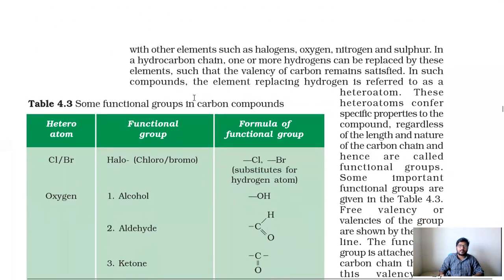Carbon will combine with other elements such as halogens. Halogens means chlorine, bromine, iodine, etc. Oxygen O, nitrogen N, sulfur S. So you see, carbon can combine with chlorine, bromine, iodine, oxygen, nitrogen, sulfur, etc.